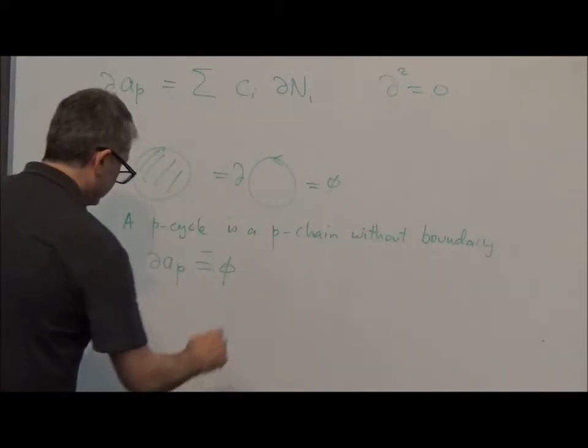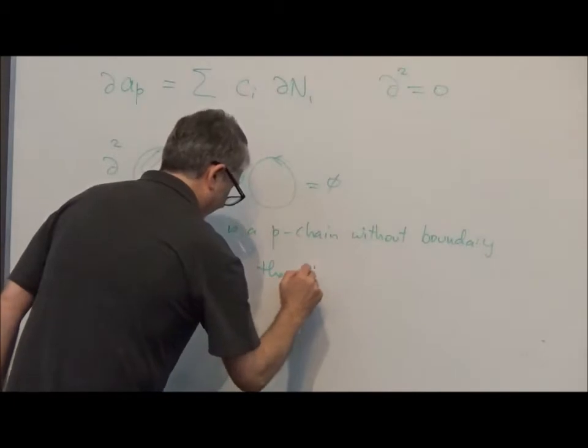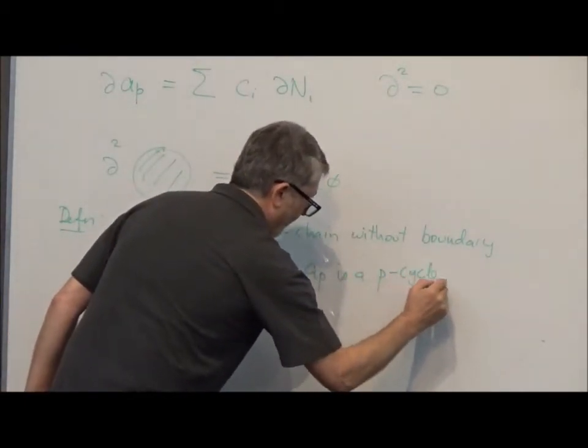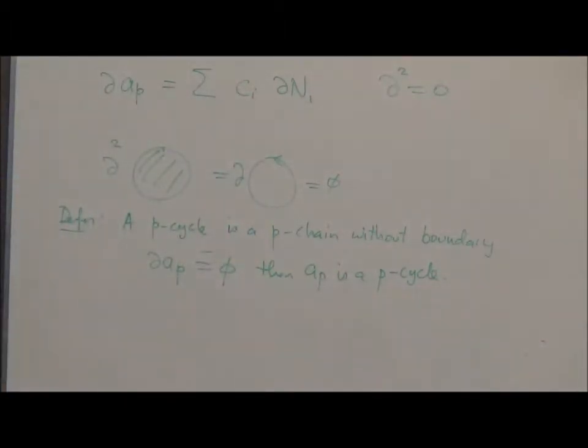Then A_P is a p-cycle. That would mean that all the submanifolds which go into defining A_P, none of those have got boundary.